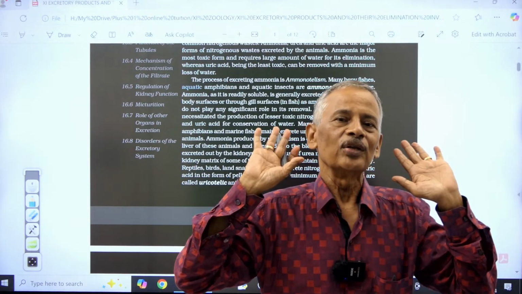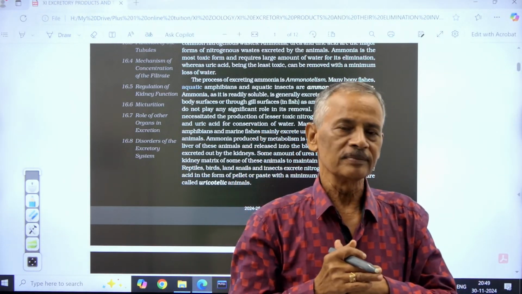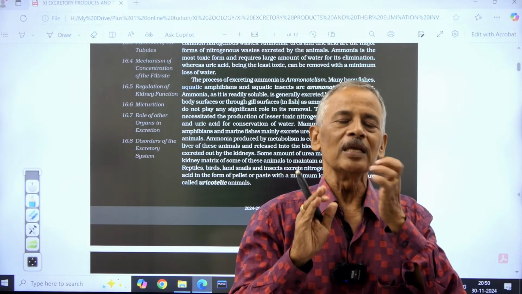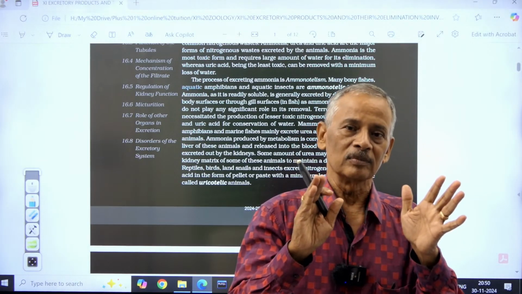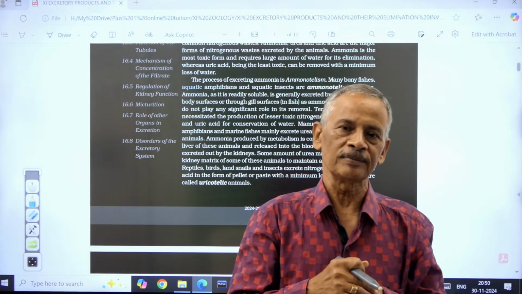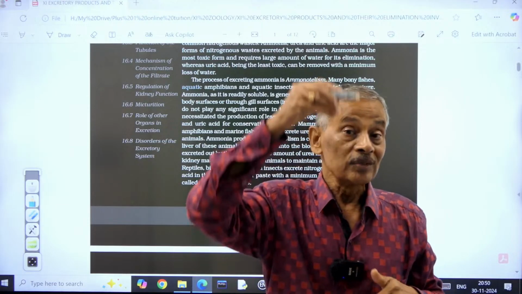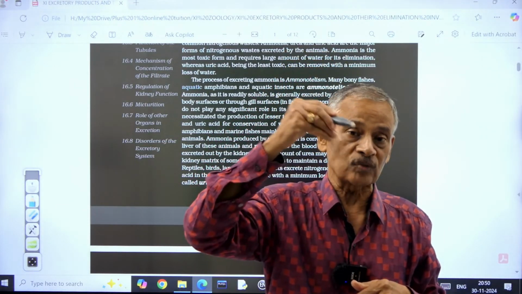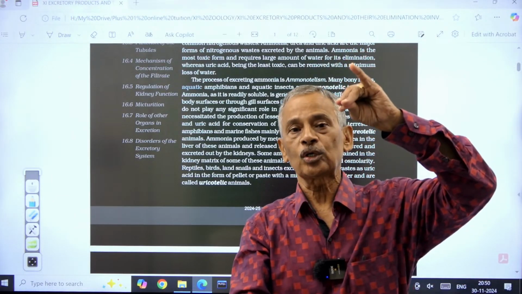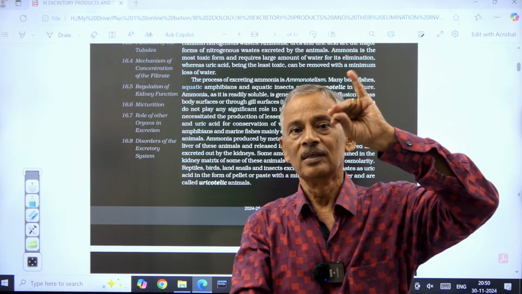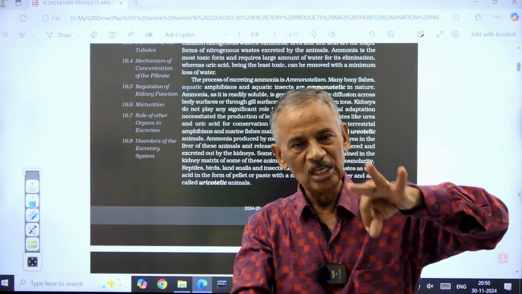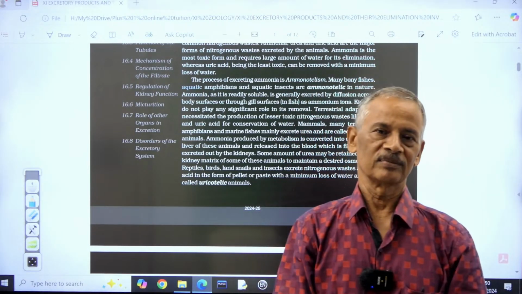It is not at all toxic to our body. Okay, so some animals are keeping the uric acid for a long time inside the body itself. It will not be affecting their body functioning. So the decreasing order of toxicity of nitrogen waste material is: most toxic ammonia, less toxic urea, least toxic uric acid.